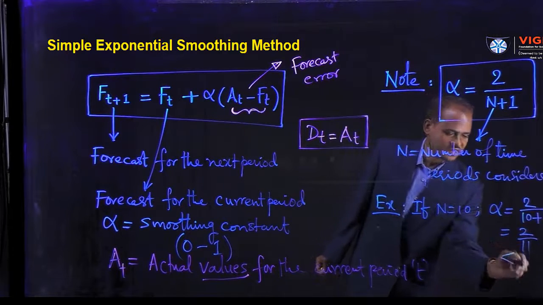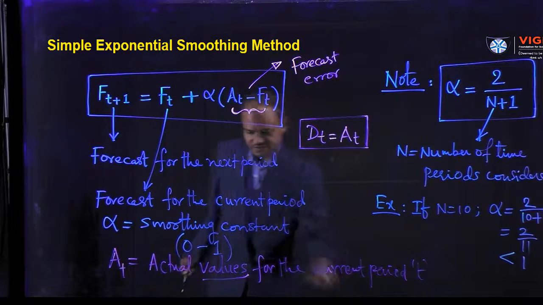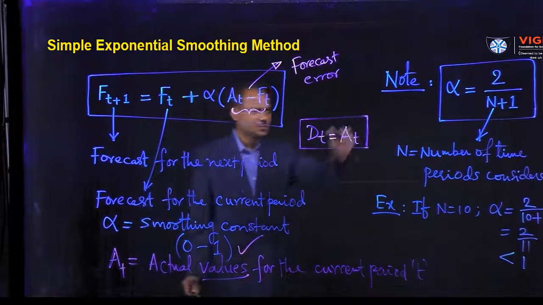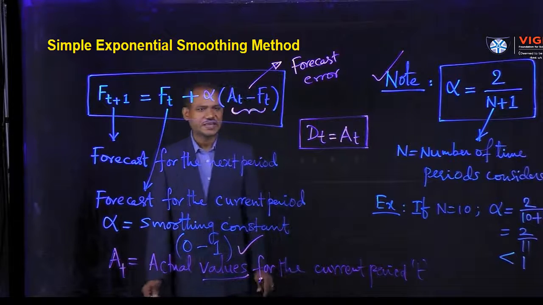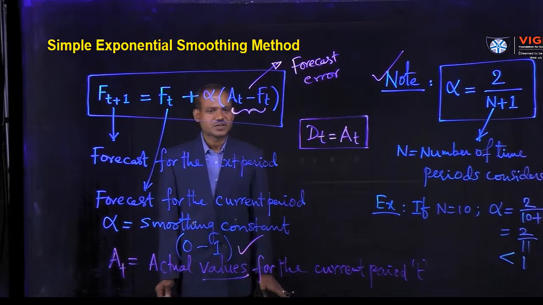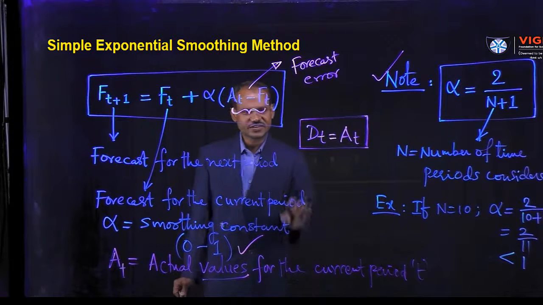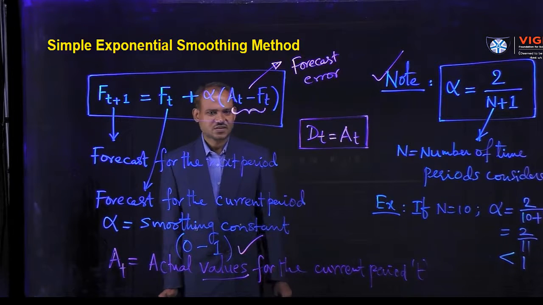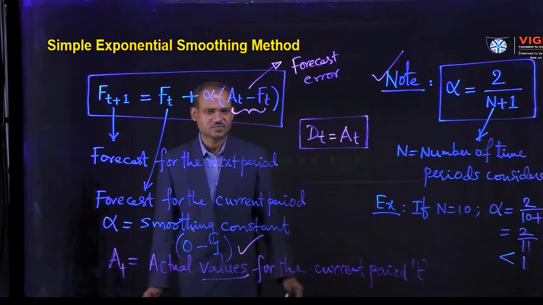Therefore alpha value lies between 0 and 1. So this is the important note. Alpha value is equal to 2 by n plus 1. This formula is valid if the alpha value is not given. If it is given, directly consider the given alpha value. Otherwise, by using this formula calculate alpha value, then proceed further.